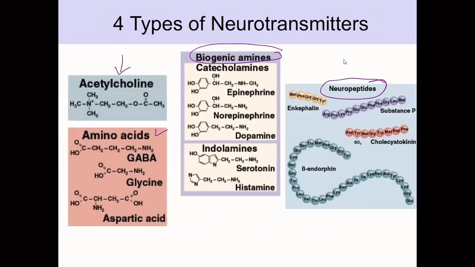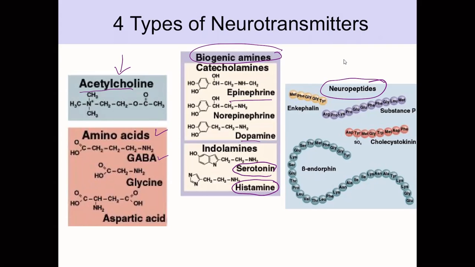So four main types. Some of you have probably heard of serotonin, histamine, epinephrine, dopamine, acetylcholine, and maybe GABA.